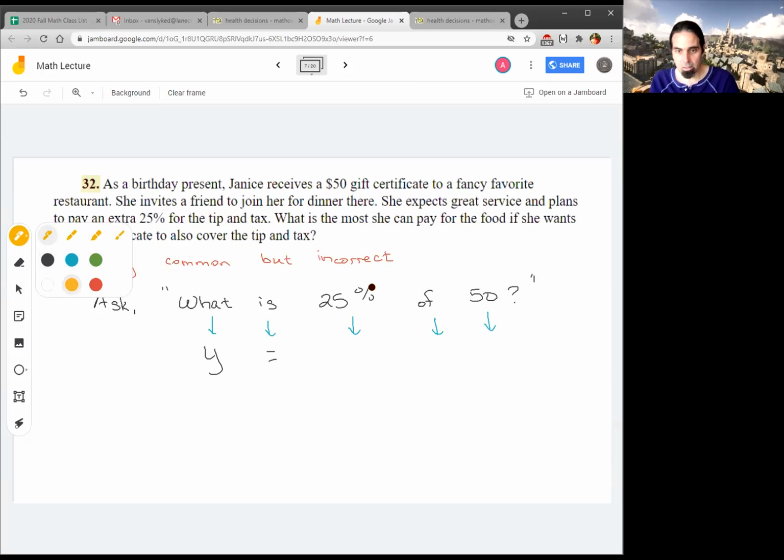For my percent, I'm going to riplop because my calculator likes decimals. I'll go left out of percent and get 0.25. And 50 stays 50.